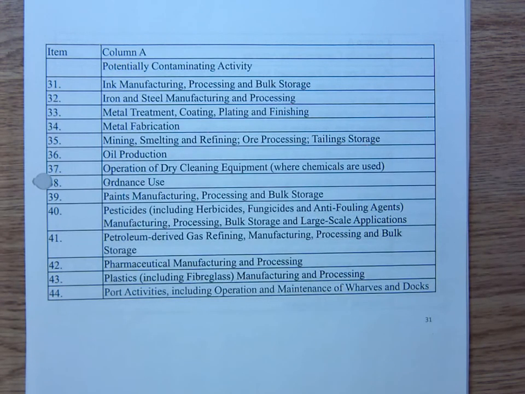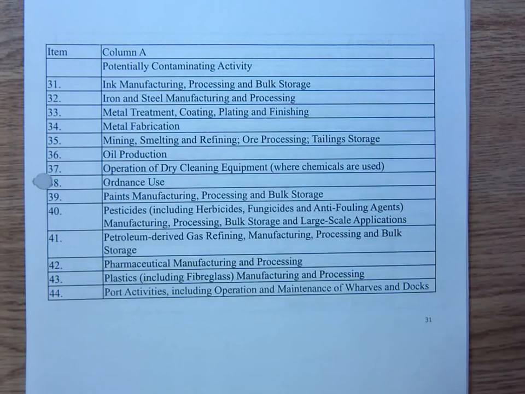Petroleum derived gas refining, manufacturing, processing and bulk storage. Pharmaceutical manufacturing and processing, because they're involved with lots of chemical use. Plastics manufacturing and processing. Port activities, including operation and maintenance of wharves and docks.